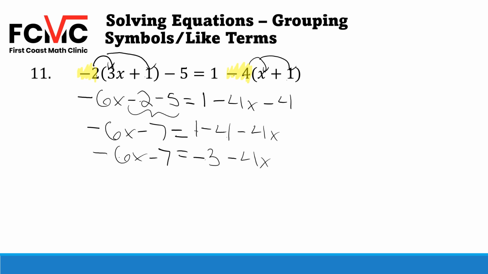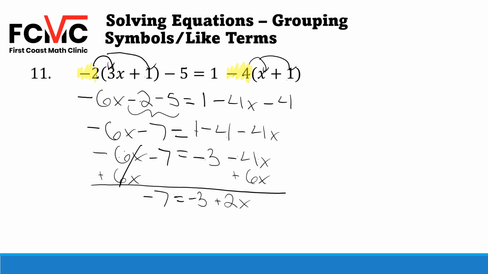I want to bring the negative 6x from the left side to the right. So let's add 6x, add 6x. Negative 6x plus positive 6x cancel out. Negative 4x plus 6x gives me positive 2x.